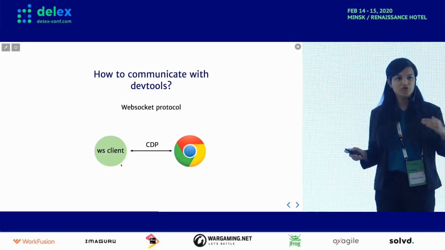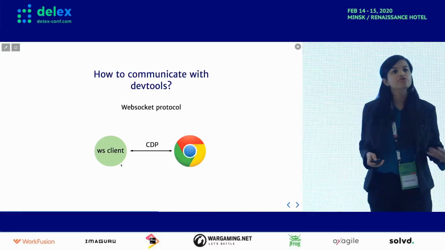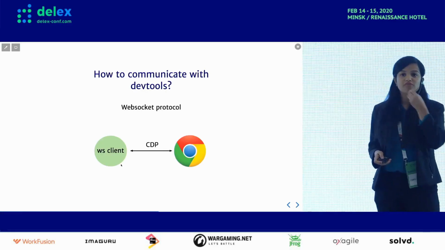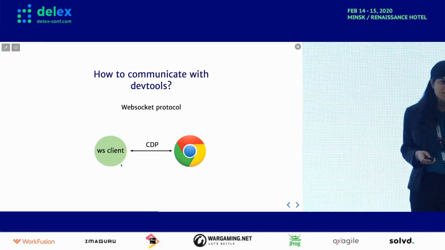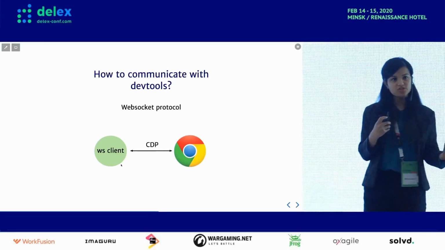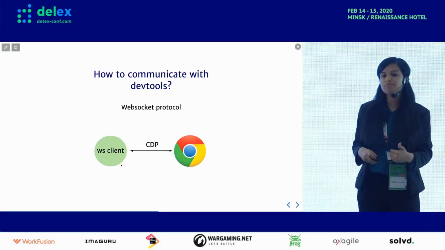But if you had to programmatically talk to your Chrome DevTools, how do you do that? How you do that is with WebSocket protocol. So WebSocket protocol is a little different from the usual RESTful calls that we make, because it's a two-way communication between a web browser and any server that's there.